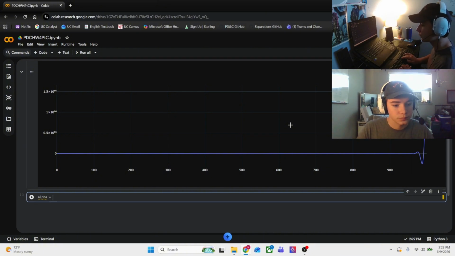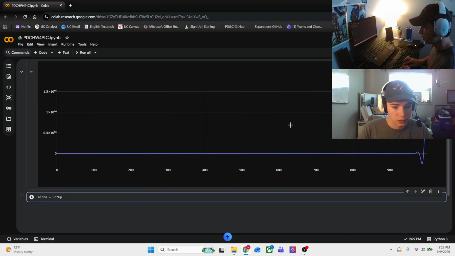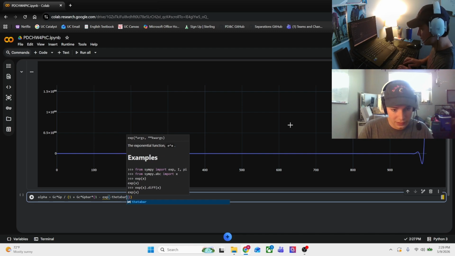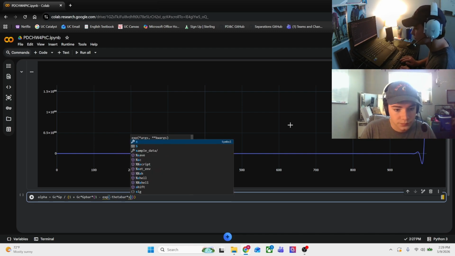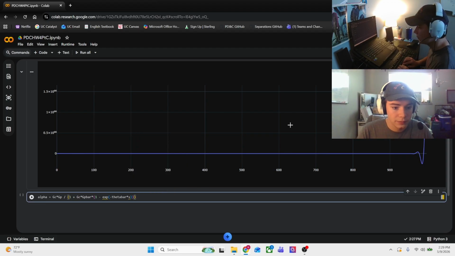So our alpha, we said up on the board, is going to be equal to our GC times our GP, all divided by our 1 plus our GC times our GP bar times 1 minus our e to the power of our negative theta bar times s. And that was our alpha value we defined up above.